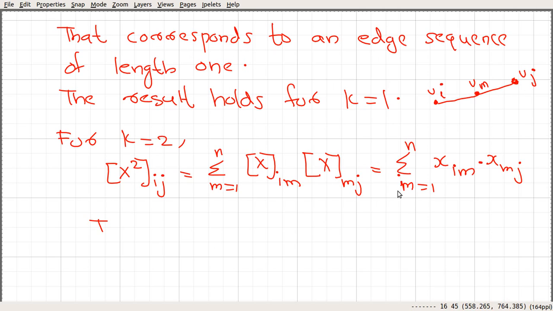Here we are summing over all those intermediate vertices, and that counts the number of paths between vi and vj that go through some intermediate vertex. The length of these paths is 2, two edges, so we are dealing with paths of length 2 here.